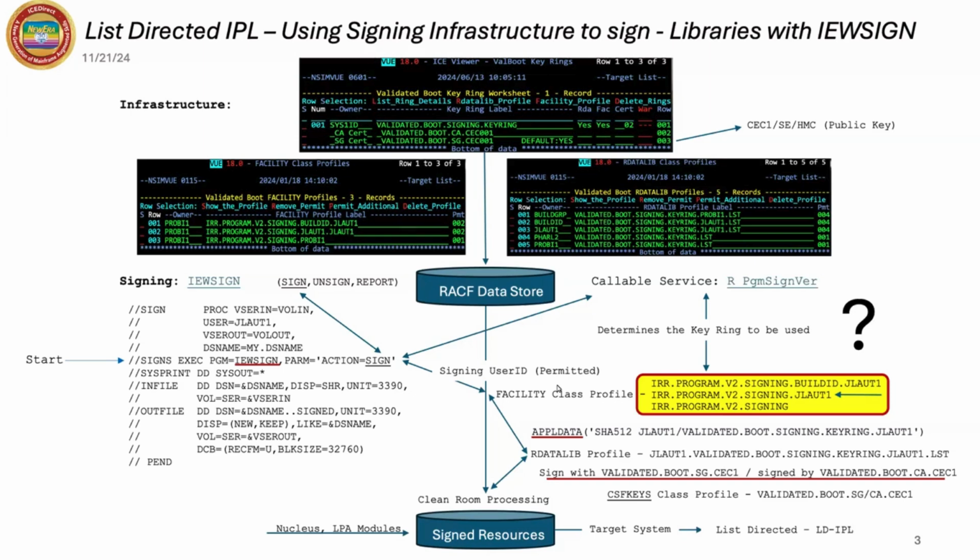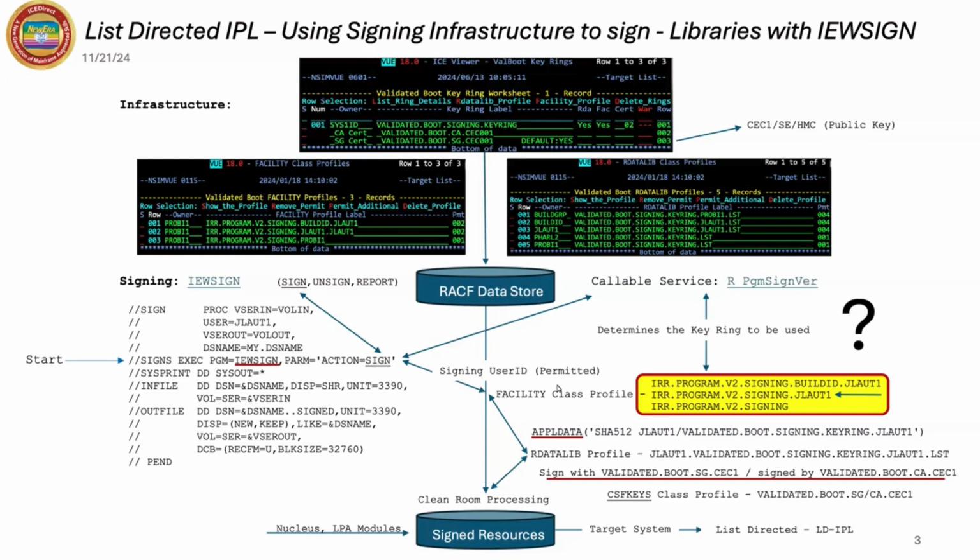That callable service will begin a process of attempting to discover whether the individual who submitted the job actually has a facility class profile that gives it the necessary authority to complete the signing process itself.